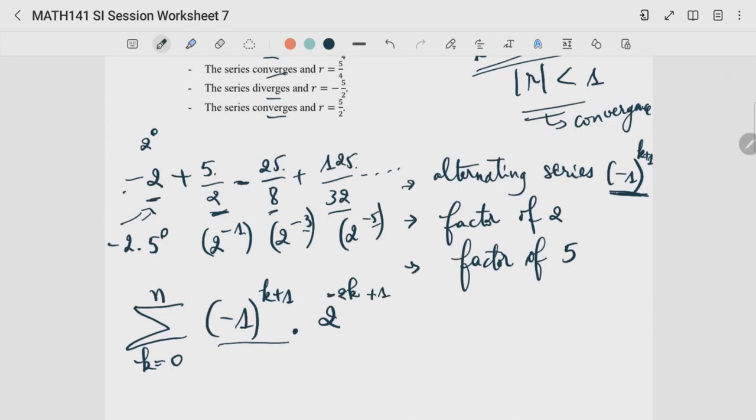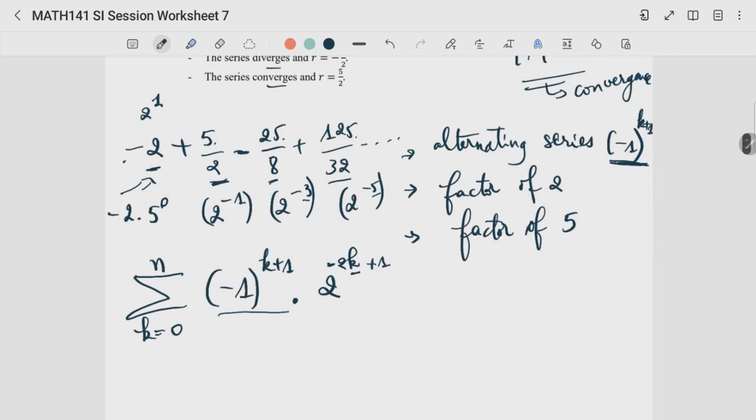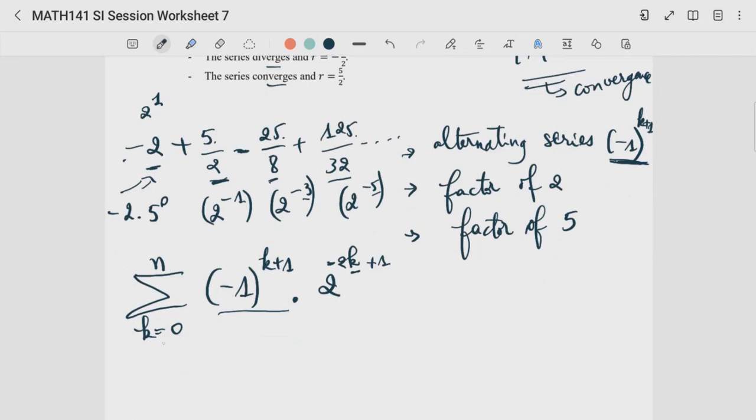Let's try that. If k is equal to 0, you have 2 to the -2 times 0, which is 0, +1, which gives you 2 to the 1, my mistake, 2 to the 1 there, which gives you the first term, right? The second term is k is equal to 1.